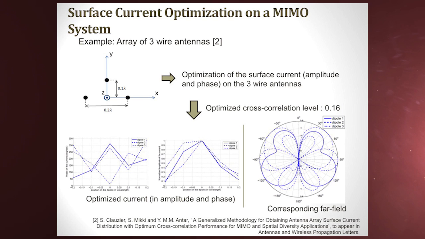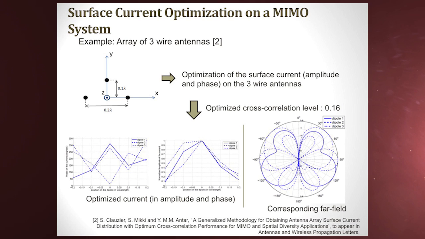And optimum correlation means the fields of each antenna will be distinct, and you can decide about it. And using this procedure that we've done, these are the results of the current. These are close to, I think, half wave dipoles and so on.